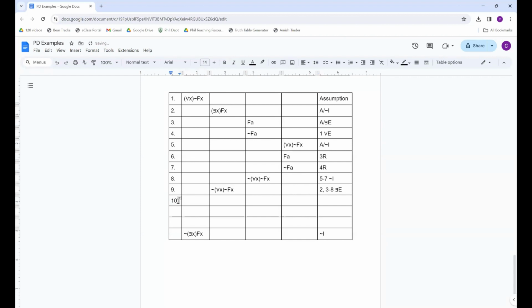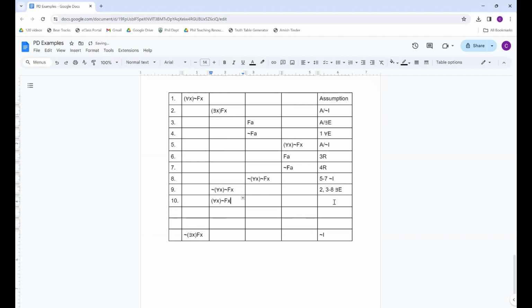And then all we need to do is reiterate this 1R, and we have a contradiction here, which means that we have succeeded in showing this. And so then between these two derivations, we've shown that those two sentences are equivalent.